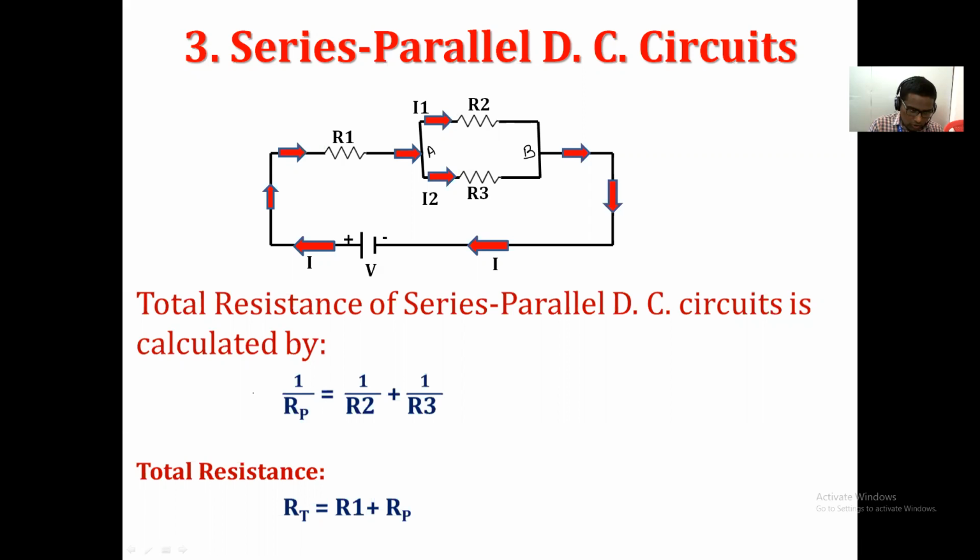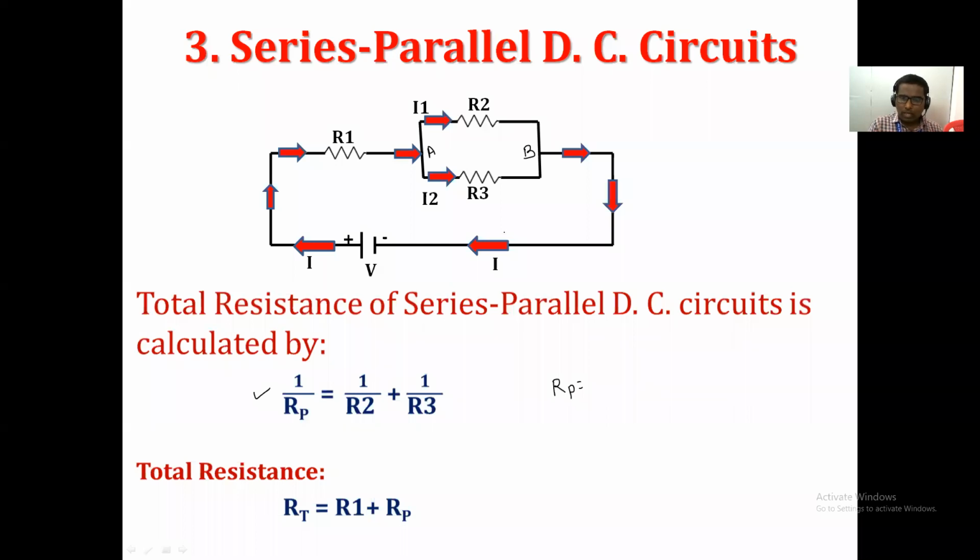Now, this formula gives the reciprocal of the total resistance of a parallel circuit, which is equal to 1 upon R2 plus 1 upon R3. Based on that formula, we can calculate the value of RP. Now, if I want to replace R2 and R3 with their total resistance, how can I replace them?